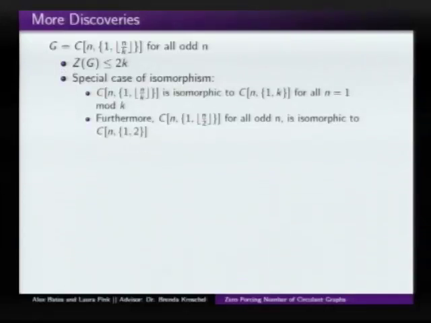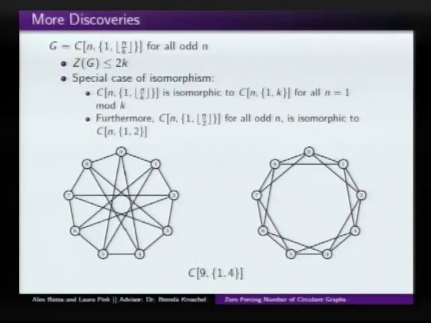And furthermore, if n is odd, then the circulant graph on n vertices with connections 1 and n over 2 rounded down is isomorphic to the circulant graph on n vertices with connections 1 and 2. It's pretty much the most basic graph you can get. So we have an example of this, and we're just going to show the isomorphism here.